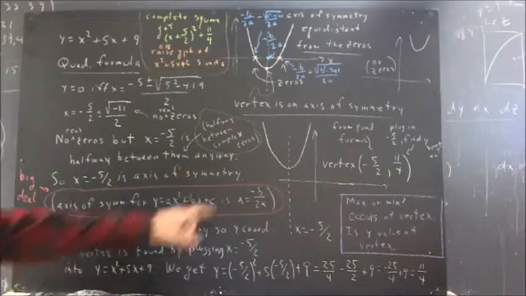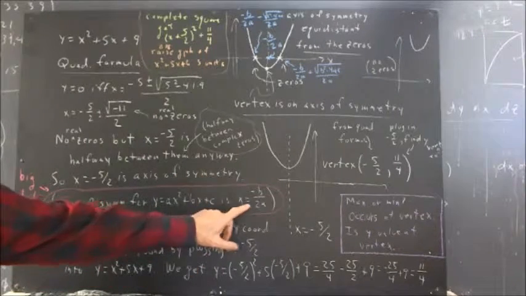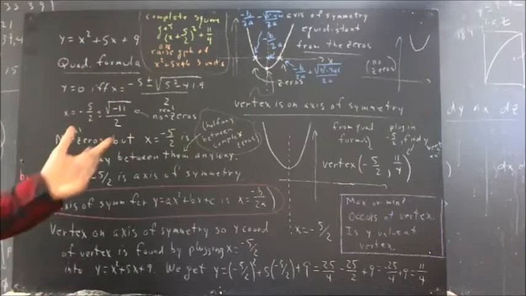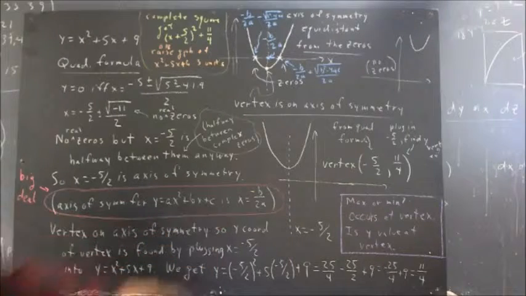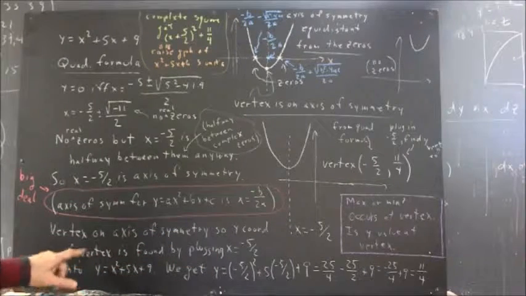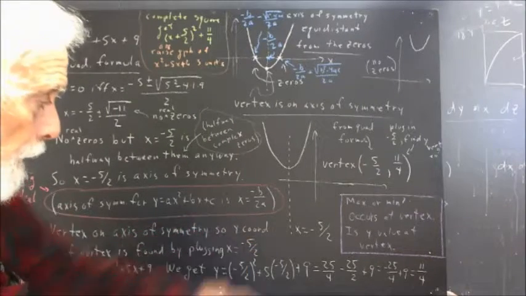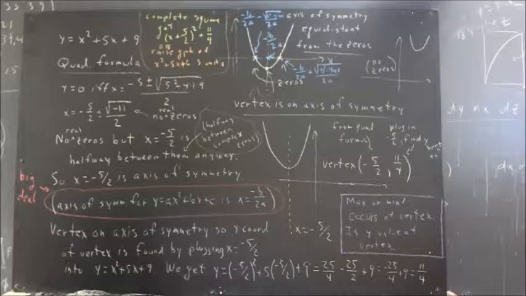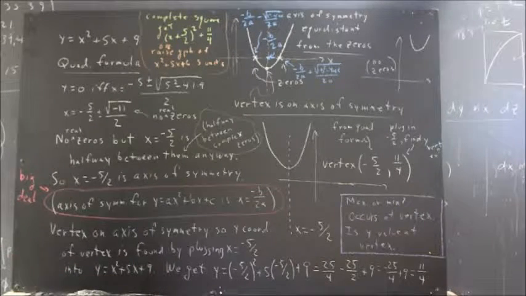How do you get the coordinates of a point if you know their x-coordinate? You plug that x-coordinate back into the function. That gives you the y-coordinate. So the vertex is on the axis of symmetry. So the y-coordinate of the vertex is found by plugging x equals negative 5/2, which is the x-coordinate at the axis of symmetry, into our equation y equals x squared plus 5x plus 9.